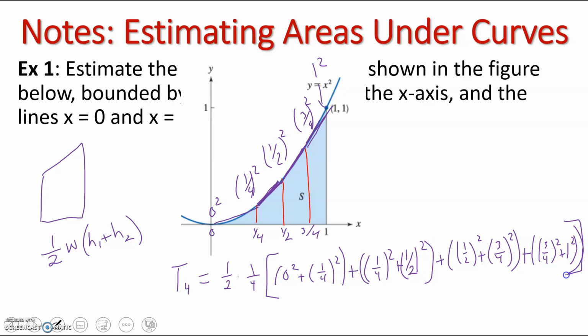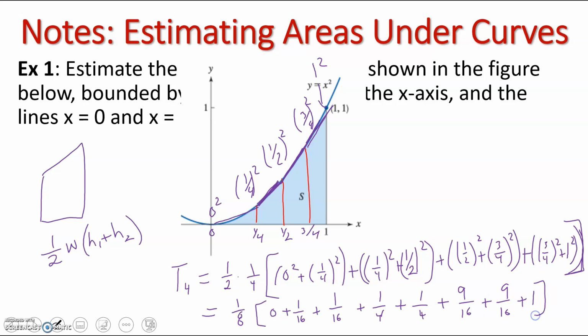And so before we type this in the calculator, let's just simplify it a little bit. So this is 1/8. Here we have 0 plus 1 over 16 plus 1 over 16 plus 1 over 4. I'm just going through and expanding each of these, squaring them. 1 over 4, 9 over 16, 9 over 16, and then 1.